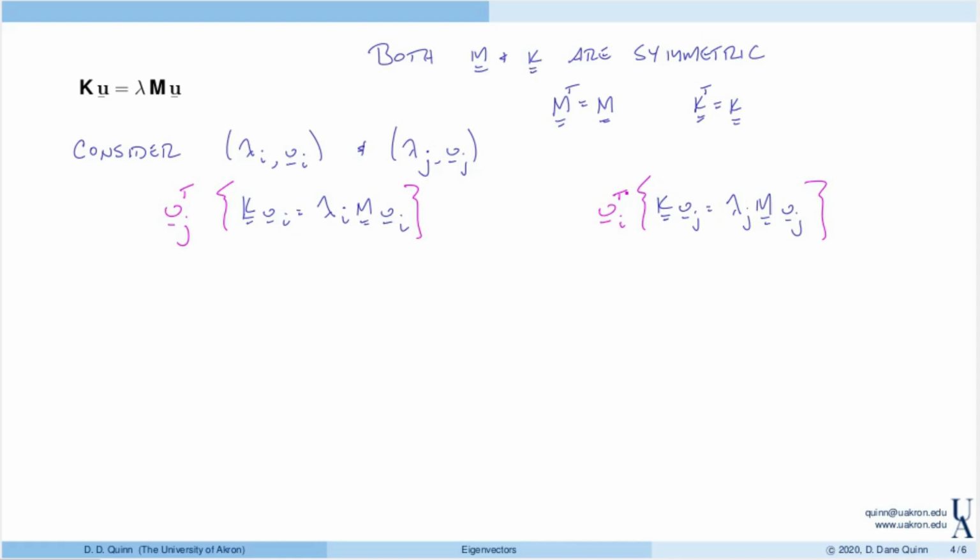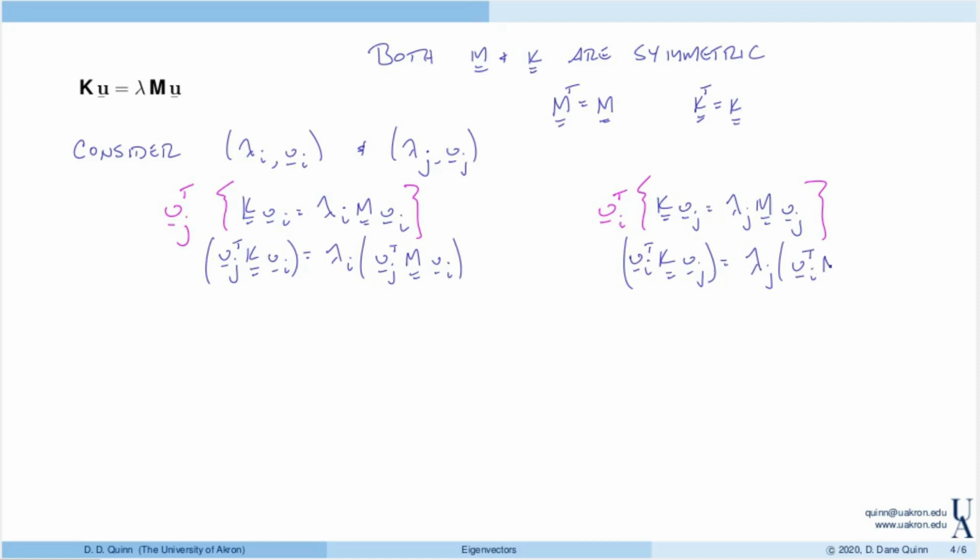So when I do that, this becomes uj transpose K ui equals lambda i times uj transpose M ui, while this is ui transpose K uj, and it's lambda j. I'm just working through all this.